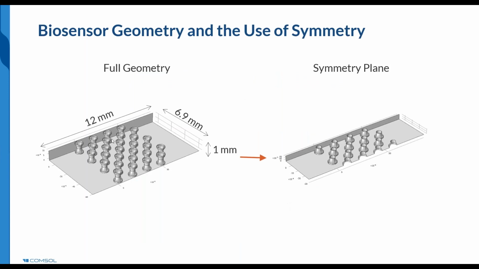If we look at the full geometry here, we can see that it has two symmetry planes which can be used to reduce the simulated system size. By reducing the size of the system and using symmetry boundary conditions, this will reduce the number of mesh elements required and then reduce the computational requirements for our model.